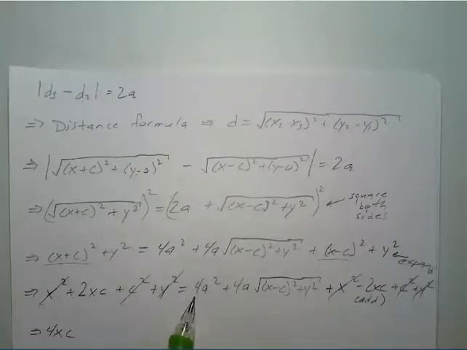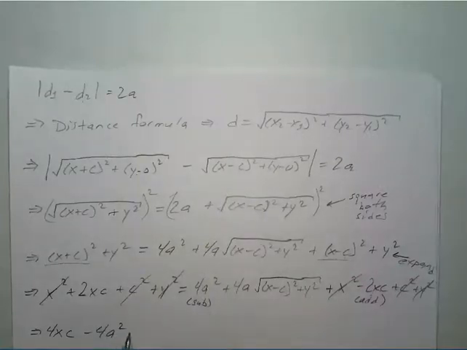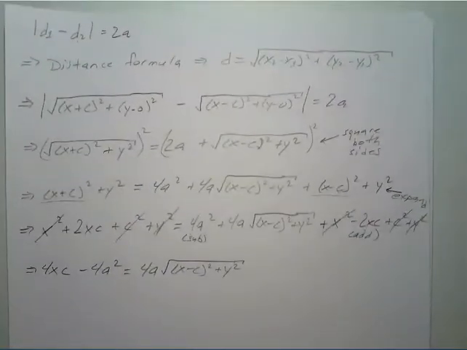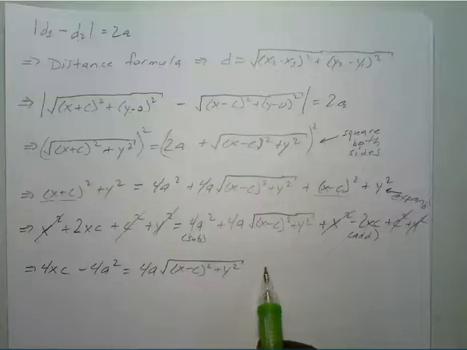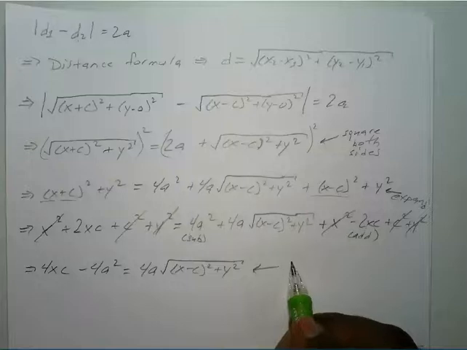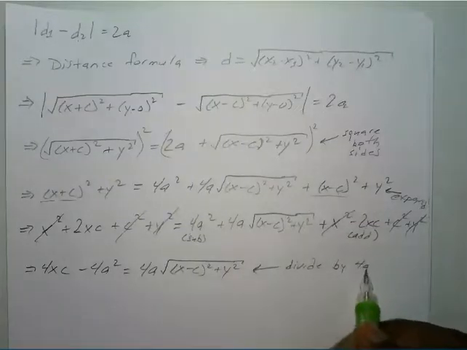Now if we subtract 4a² from both sides, we have 4xc − 4a² equals 4a times the square root of (x − c)² + y². Now remember, we want to isolate our square root so we can get rid of it.